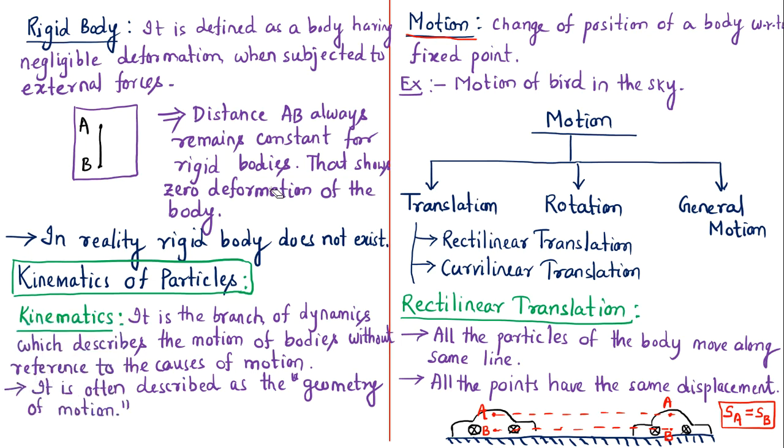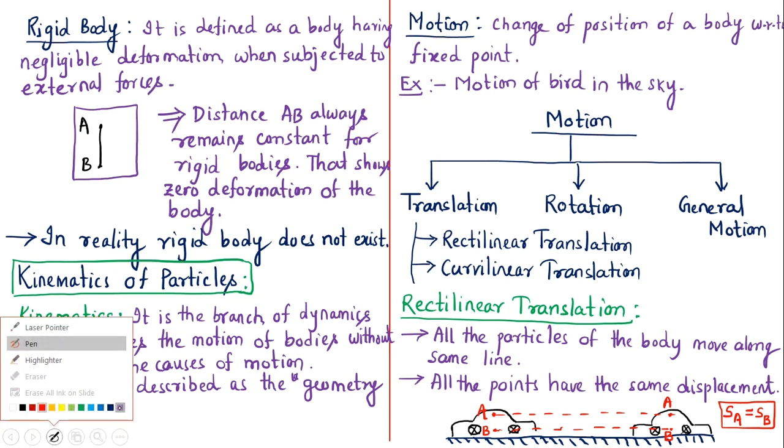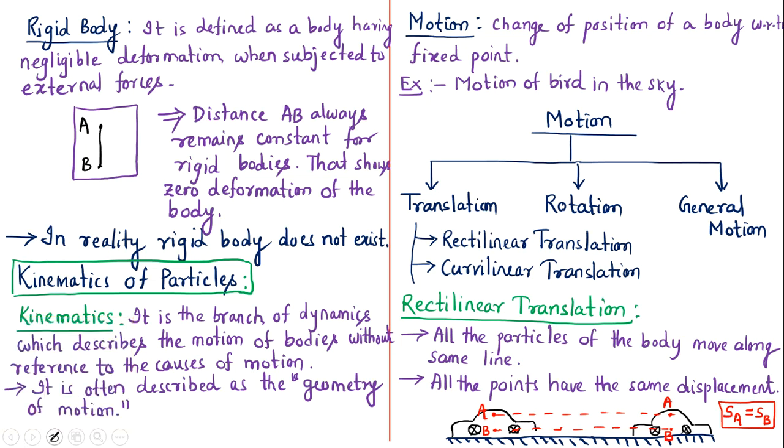That means I have to take one fixed point so that I can trace the motion of a particle. Suppose I am tracing the position of a particular point, I am taking the fixed point with respect to which I can trace the path of the particle.